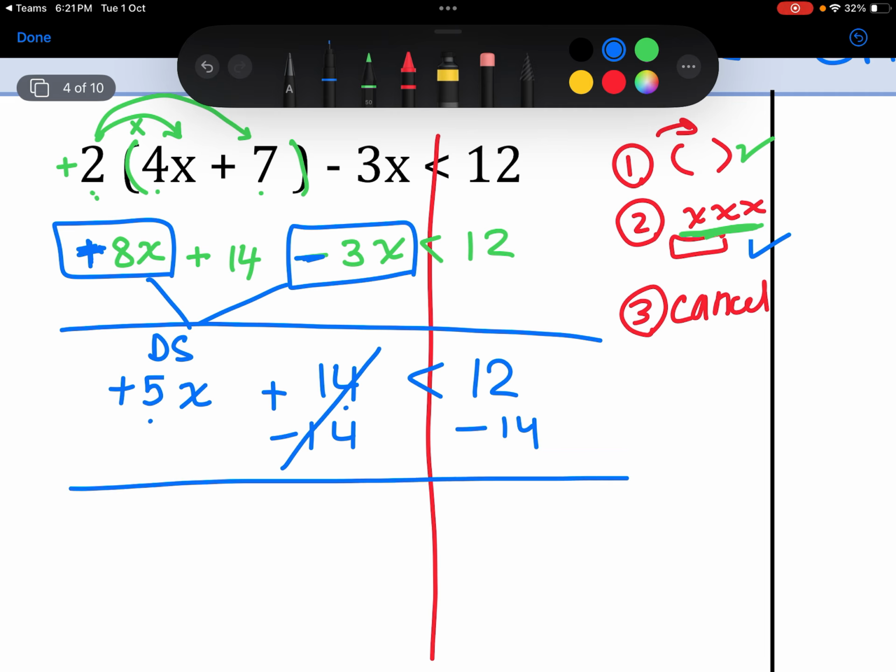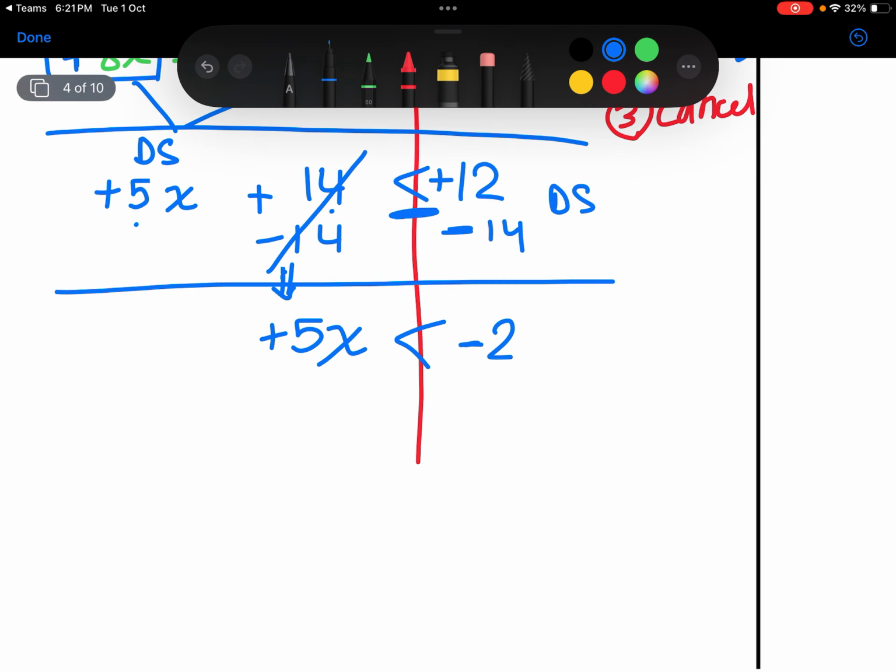Now what do I have left? On this side, I have 5x that is positive, less than. The 12 is positive, the 14 is negative. Different signs, subtract. So 14 minus 12 is 2 left, and I'll take the sign of the greater number. Now, what should I do to cancel the positive 5? The 5 is multiplied with x. So I have to divide by 5.